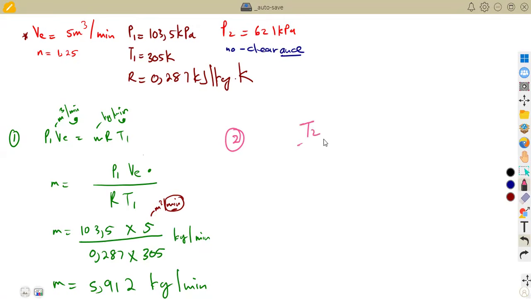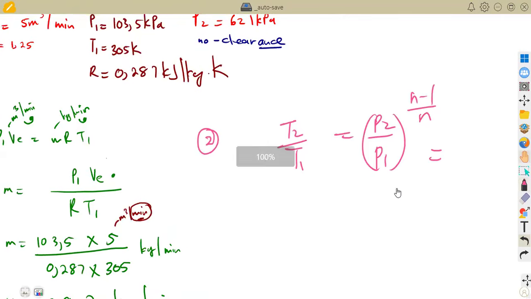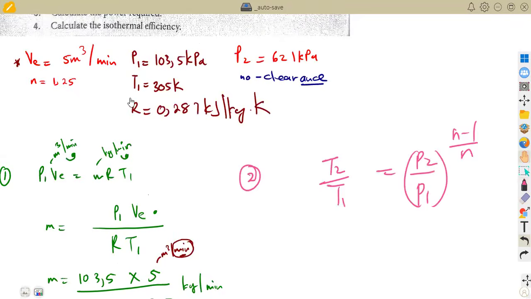That is T2 over T1 is equal to P2 over P1 to the exponent of (n minus 1) over n. They can give us this in terms of volume. If you are given in terms of volume, it will be V1 over V2 to the exponent of n minus 1. As we do not have anything about volume, we're going to talk about the pressure and temperature, because we have pressure, P1, P2, and also T1.